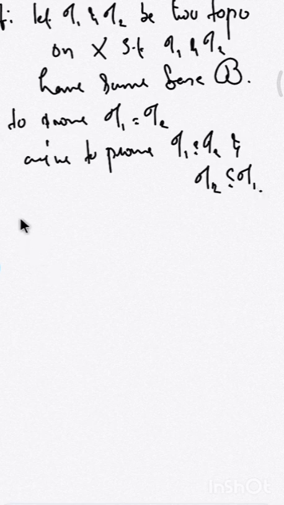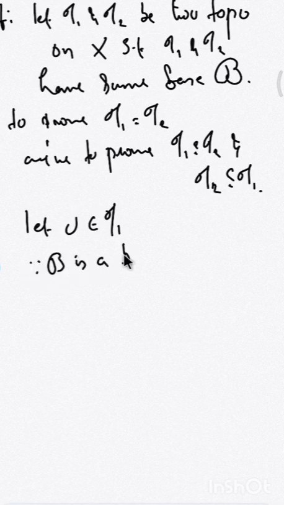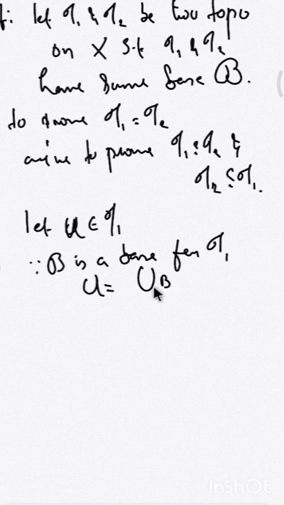Now let U be an open set in the topological space (X, Tau1). That means U is a member of Tau1. Then since script B is a base for Tau1, this open set U can be written as a union of base elements, by the definition of base.